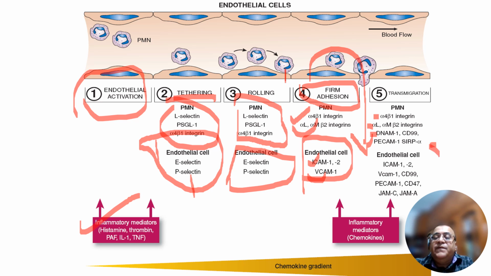On the endothelial surface, there are ICAM, VCAM, CD99, PECAM, and JAM A, B, and C. And these steps are influenced by the chemokine gradients, and they are responsible for the recruitment of these leukocytes.